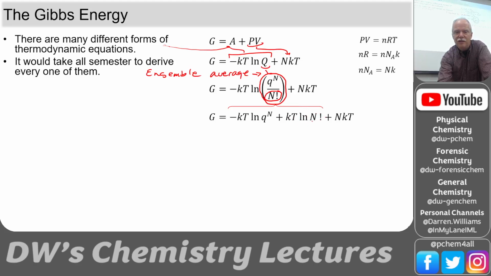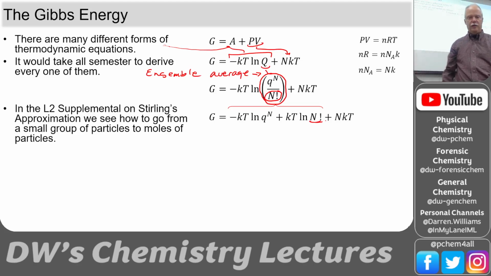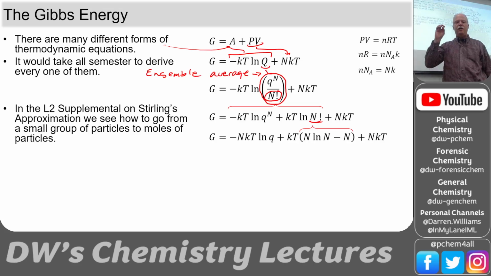So now that we have this, we can use Stirling's approximation to get rid of that factorial. That's why we talked about Stirling's approximation. So this piece breaks out into n log n minus n.